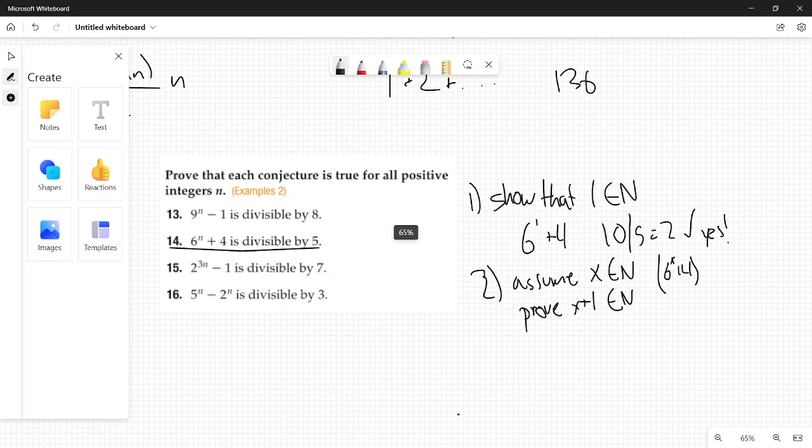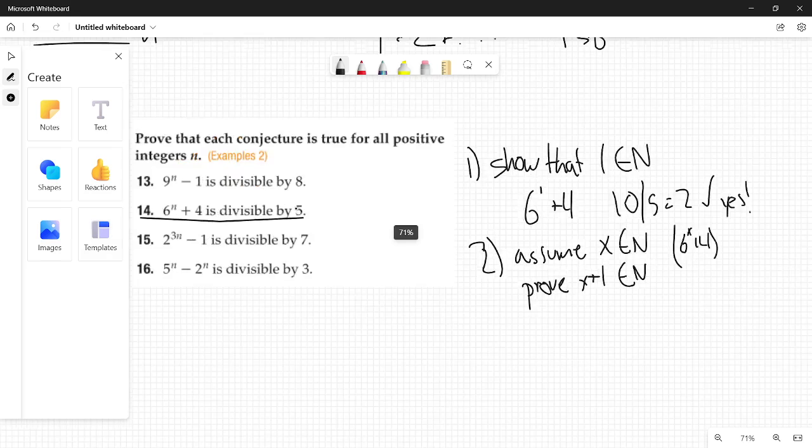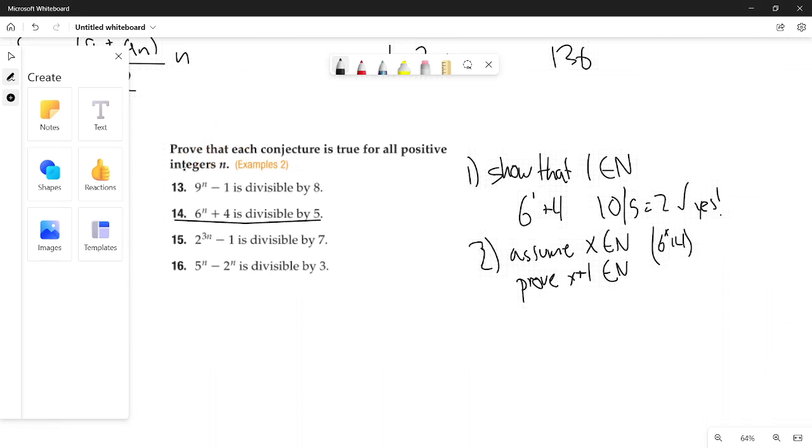So you can prove that it works as a universal rule. In this case, it says true for all positive integers n, so we're actually going to want to write for positive x here. Make sure to write this. And then we're ready to start our problem.